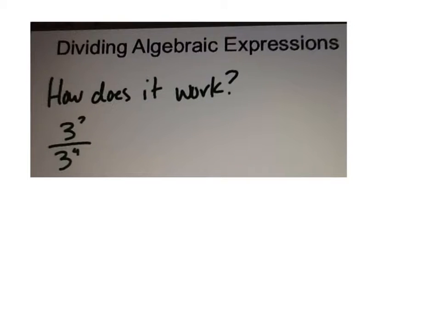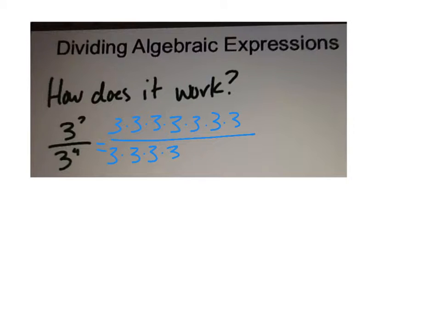All right, I did want to show you, as always, how this works. The example here is 3 to the 7th divided by 3 to the 4th. If I were to write out 3 to the 7th, it would be 3 times 3 times 3 times 3, 7 times: 1, 2, 3, 4, 5, 6, and 7. On the bottom, 3 to the 4th power, so 1, 2, 3, 4.